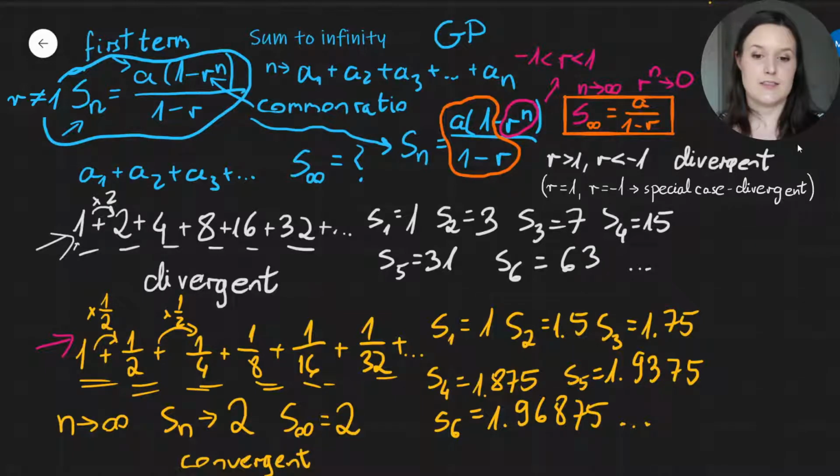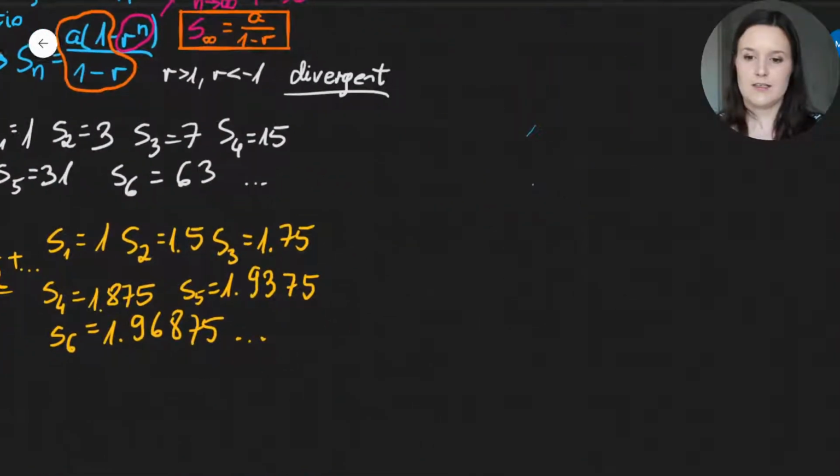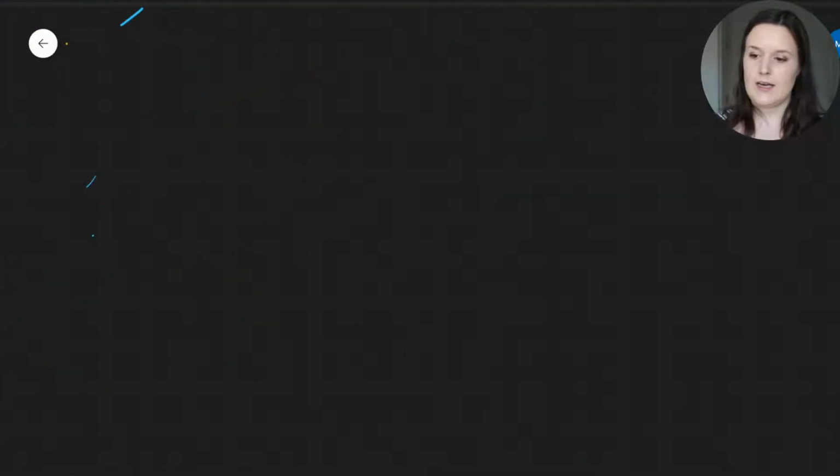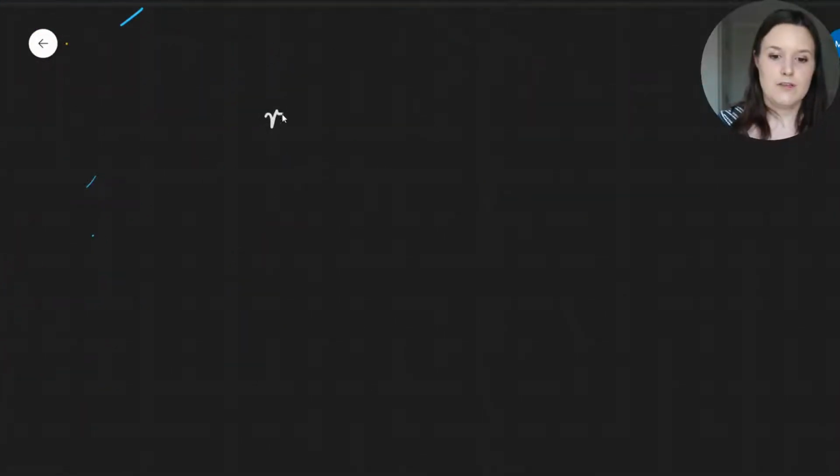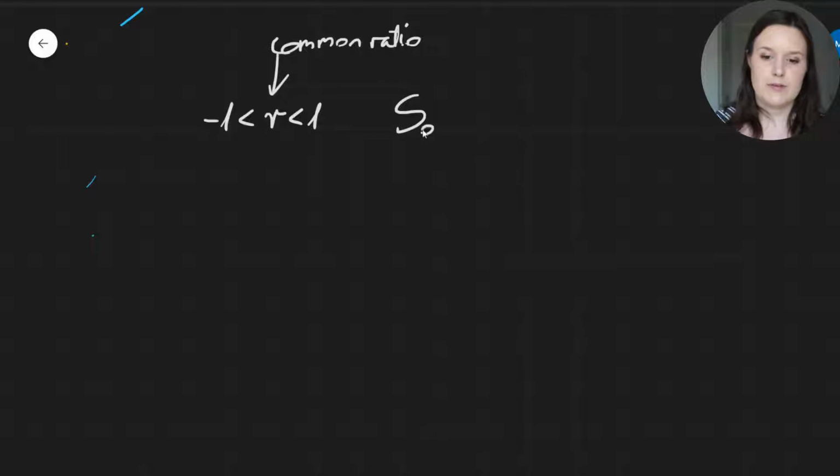Let me just scroll down and write it clearly somewhere here. Okay, so if the common ratio is between 1 and minus 1, then the sum to infinity is a over 1 minus r, where a is the first term.